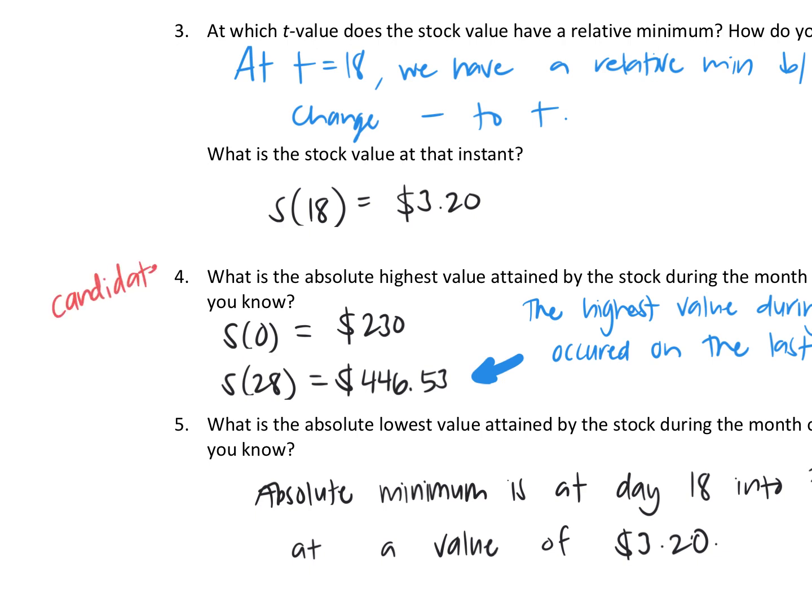We tested the candidates of t equals 0 and 28, which are our endpoints. And we also tested the points 5/2 and 18. Okay, testing all of those points and plugging them back into our original function S of t allows us to find out what is the largest or the smallest value on our graph.